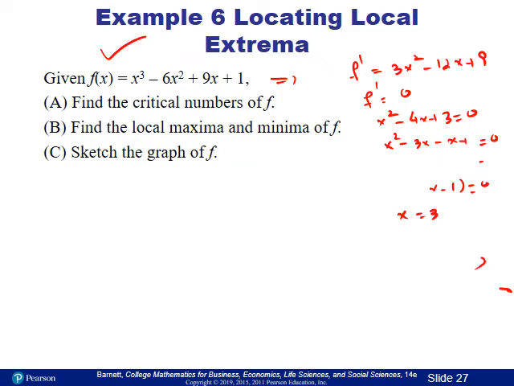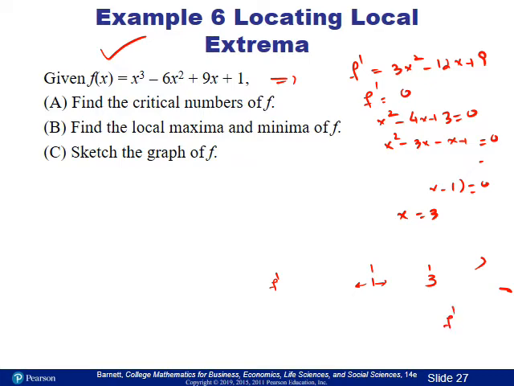So we draw a line. We write here 1 and 3. Now I choose a number before 1 and after 1 and substitute them into the derivative, and let's see whether the derivative is positive or negative. Before 1, we can make a sign chart here. Before 1 I can take 0 as x.